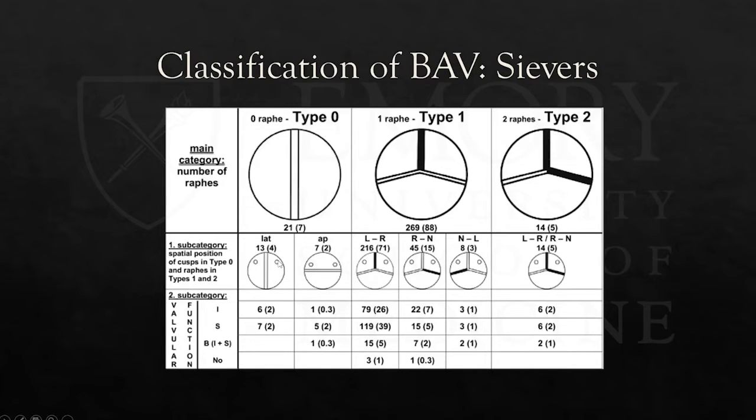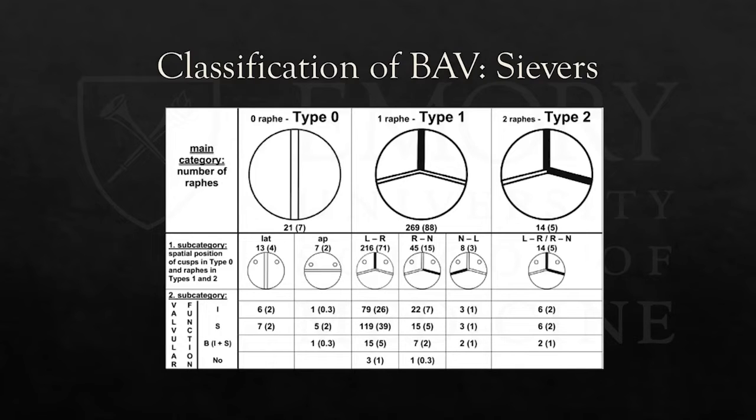Again, these little circles on the valve in the subcategories indicate where the coronary ostia are located. In the type 0 valve, more than half of those valves were oriented in the lateral orientation. But as you can see, 4%, 2%, a low number of these valves in total were true bicuspid valves, or what we think of as true bicuspid valves.